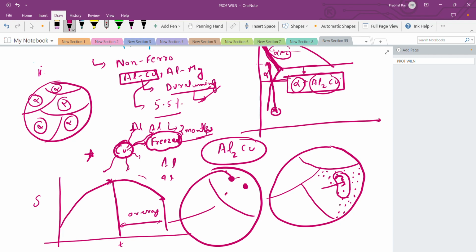Now dislocation sees that there is space between the two, and dislocation movement is a bit easier compared to the previous situation, right? Although it is also difficult, it's not so difficult compared to the previous situation. So strength has started decreasing. This process is called overaging, right?